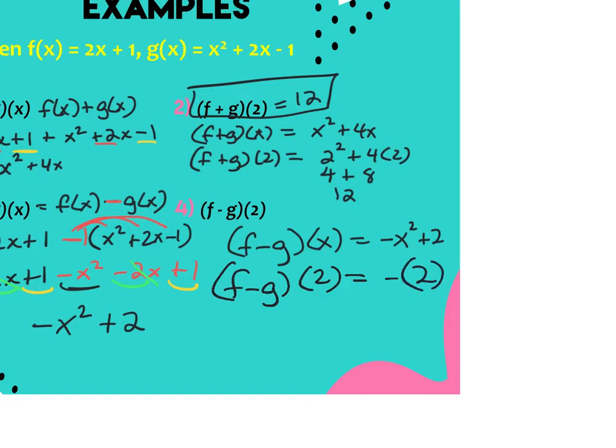So negative, and then it's got the 2 in parentheses, plus 2. I'm going to evaluate the exponent first. That becomes a 4. Drop down the negative sign, and then the plus 2. So negative 4 plus 2 gives me negative 2. So f minus g of 2 is negative 2.